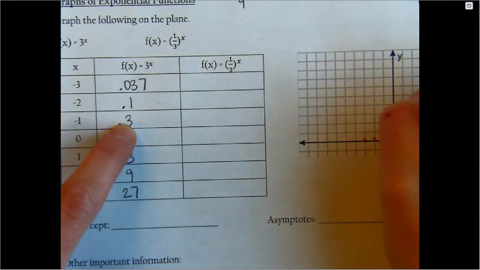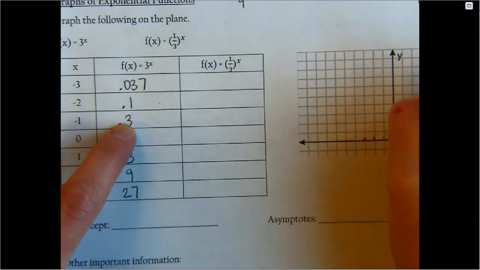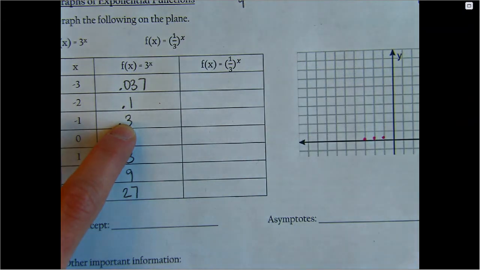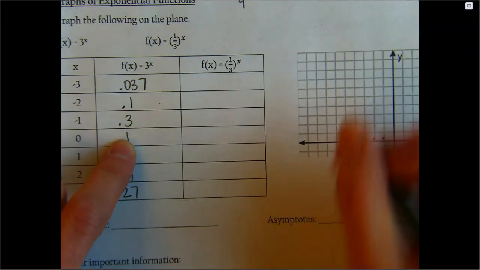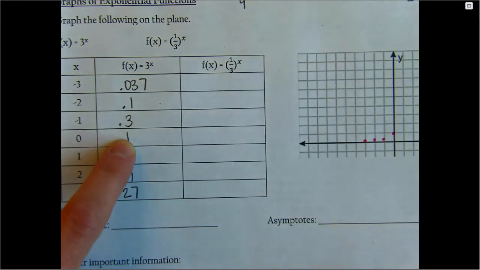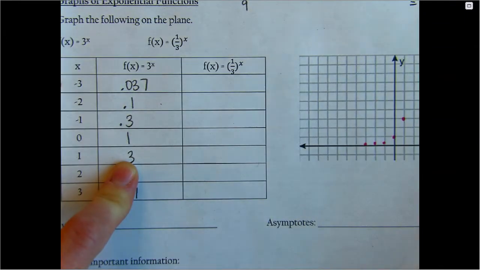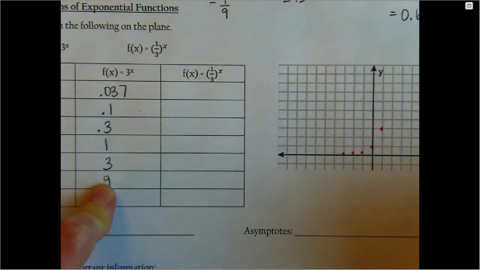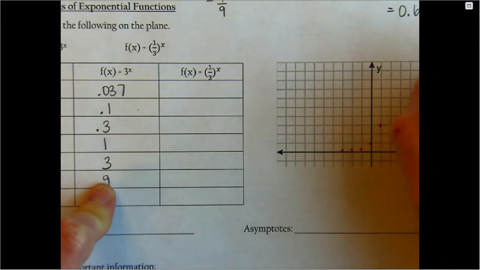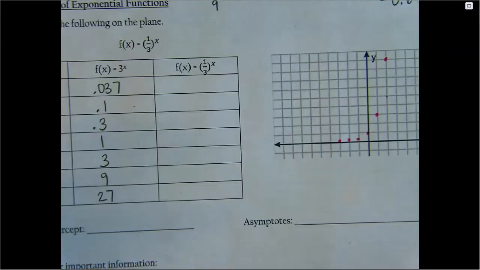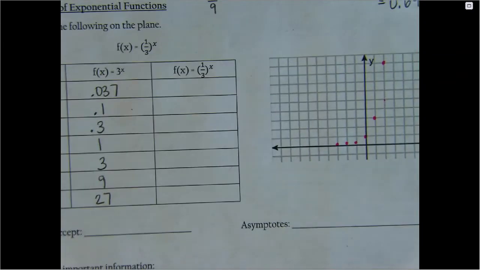And then -1, positive 0.3. So a little bit higher. Then 0, 1, 1, 3, 2, 9. And then obviously I can't get to 27.